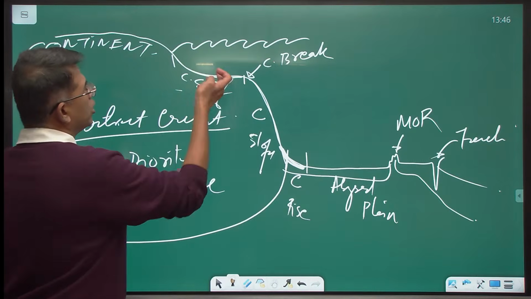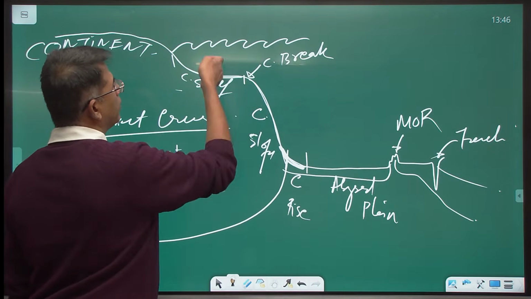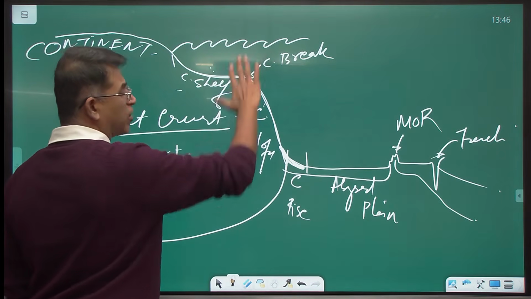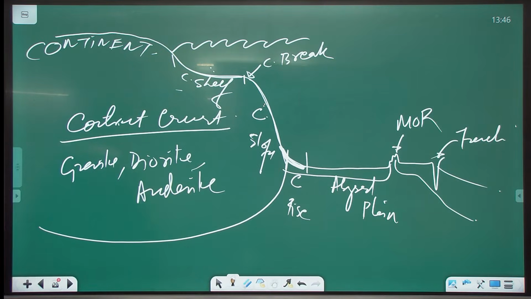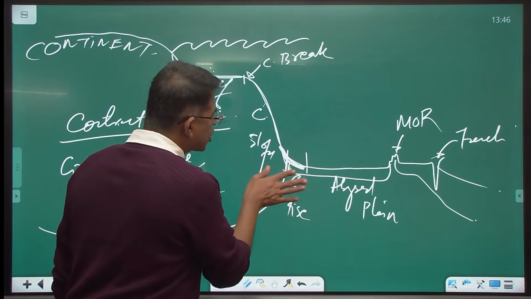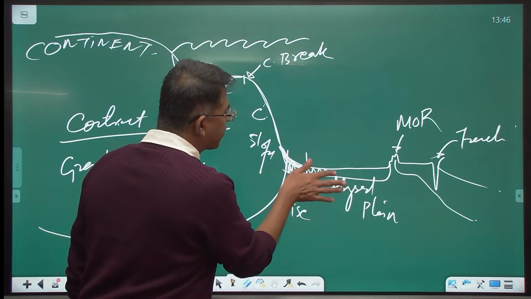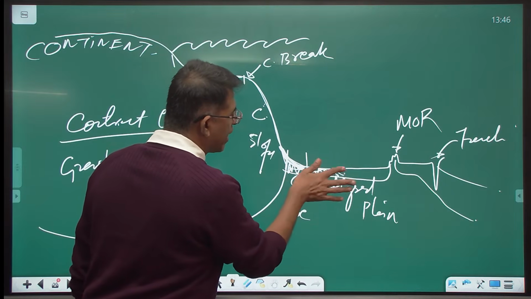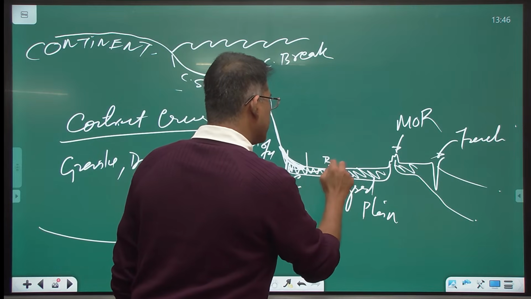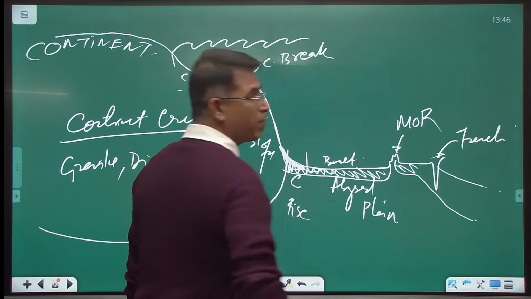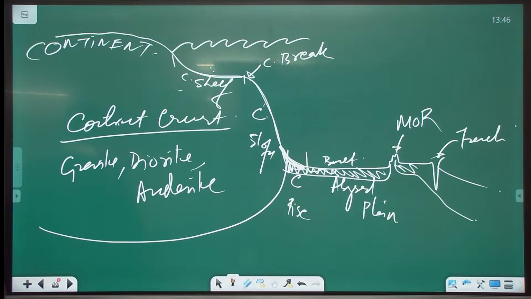Okay, so the shelf, the slope, both of them are part of the ocean floor, but not part of the ocean crust. These are two different things, you must differentiate now. The actual ocean crust is the abyssal plains and the transition called the continental rise. This is basalt. Okay?